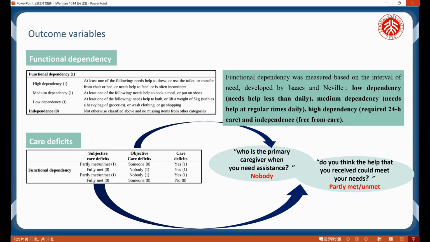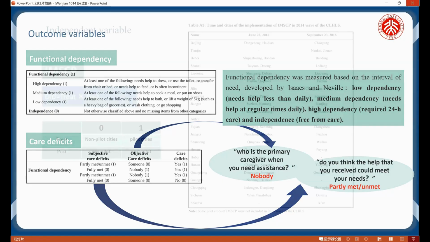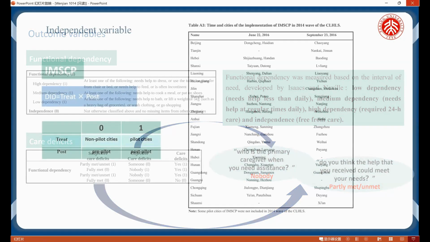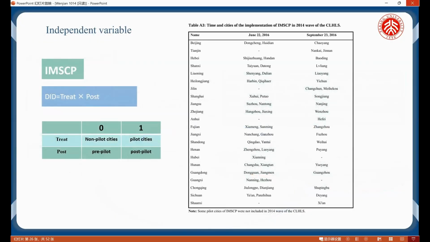The objective deficiency is measured by the question: who is the primary caregiver when you need assistance? If the answer is nobody, we think he has an objective care deficit. The independent variable is IMCP, the interaction of treat variable and post variable.